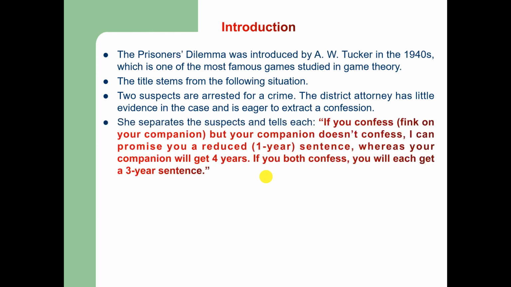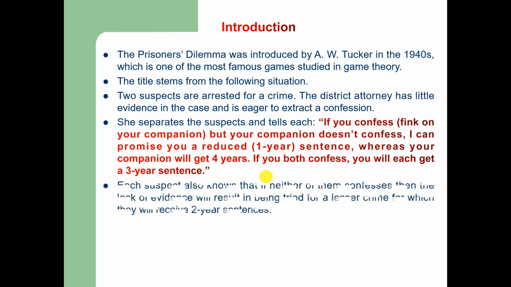She separates both suspects and tells each of them: if you confess, that is, if you implicate your companion, but your companion does not confess or implicate you, I can promise you a reduced 1-year sentence, whereas your companion will get 4 years. If you both confess, you will each get a 3-year sentence. This is what the district attorney tells each of the two suspects.